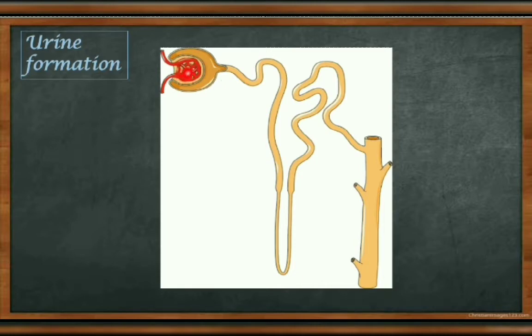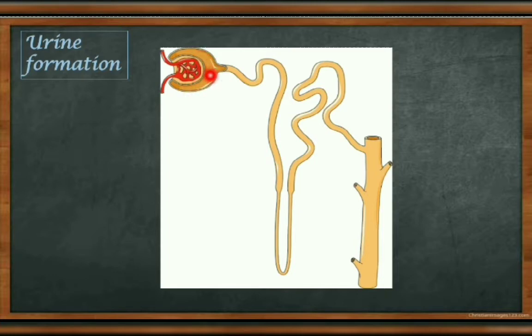This part, as I already told you, is called glomerulus. The lower part is called Bowman's capsule. B for below, so you can easily learn from that: B for Bowman's capsule.